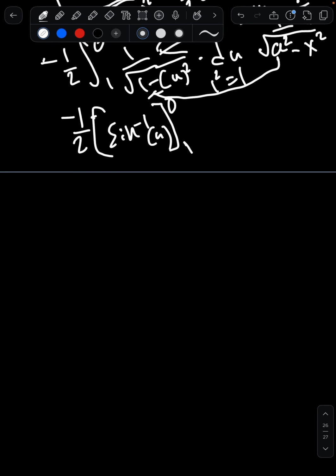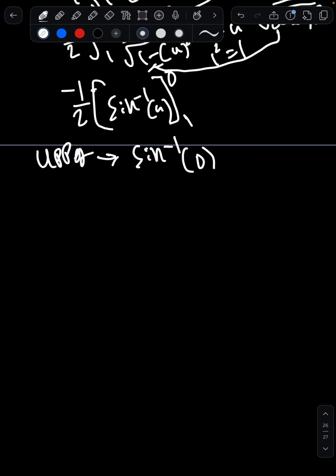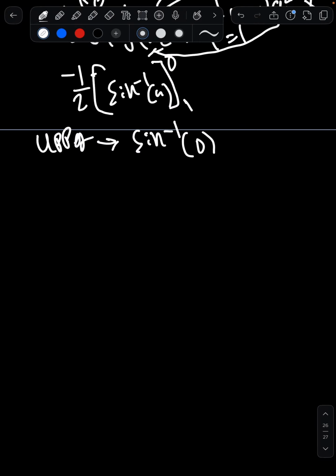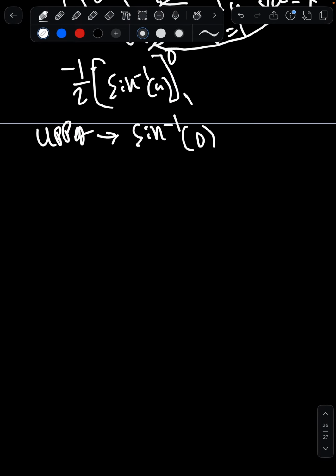Now let's integrate. Let's keep the constant negative 1/2 out, and let's look at the upper bound. So let's do the inverse sine of 0. Let's go back to our unit circle. Looking at our unit circle, inverse sine is 0 at 0. Okay?